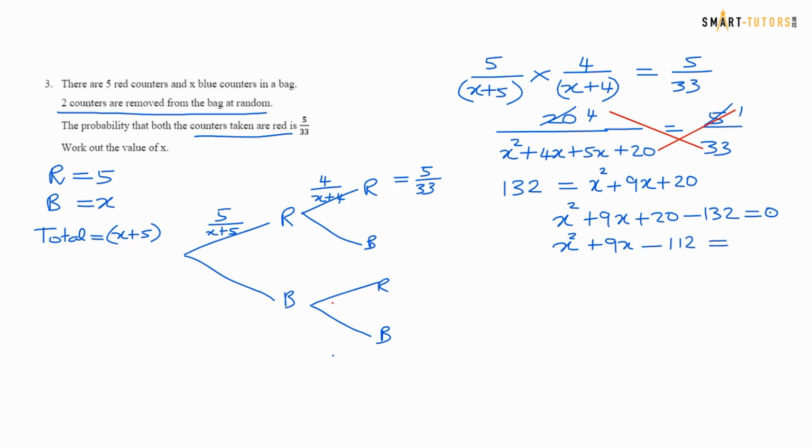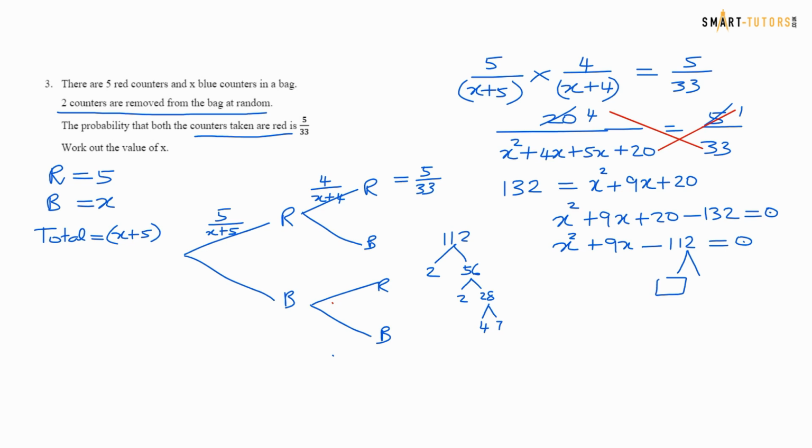So x squared plus 9x minus 112 equals 0. Now I need two numbers that multiply to give 112 and take away to give 9. So 112, what are the factors? 2 and 56, 2 and 28, then 4 and 7. Then how can we take two numbers?